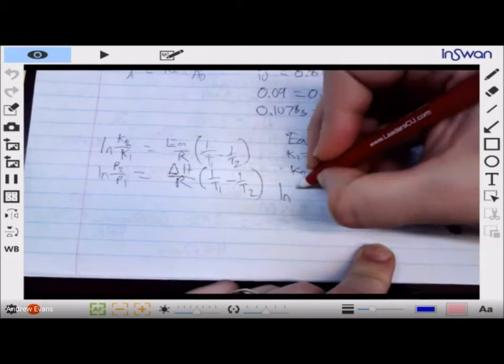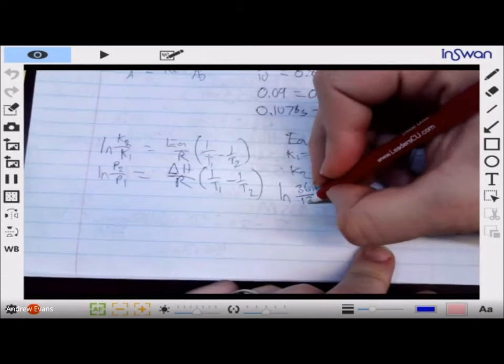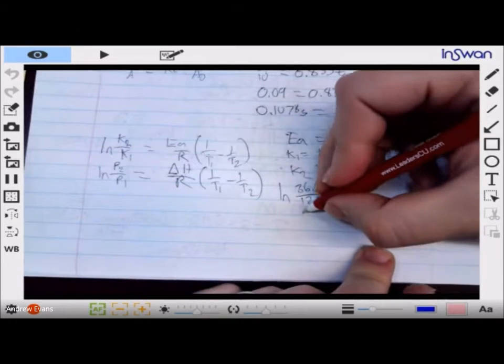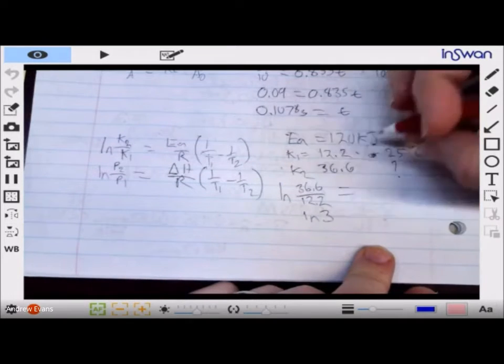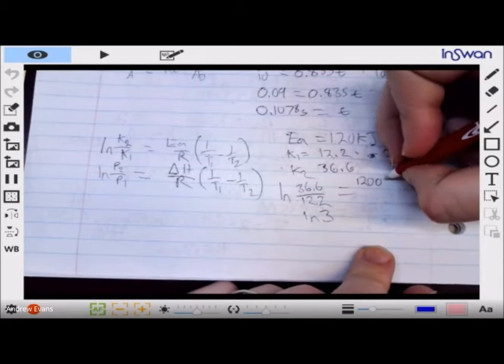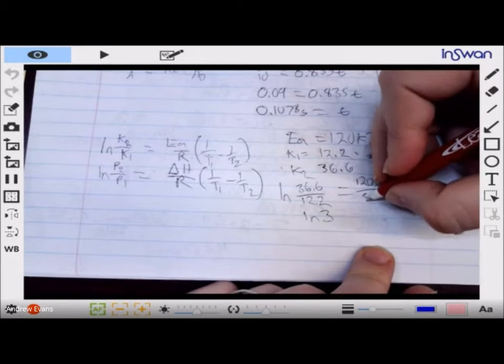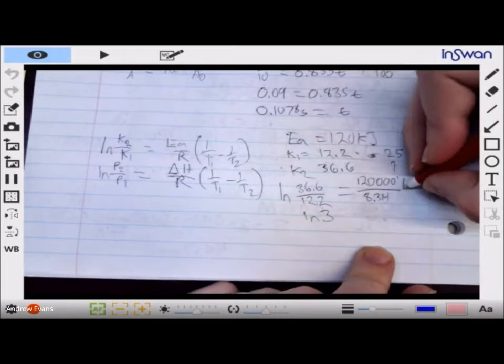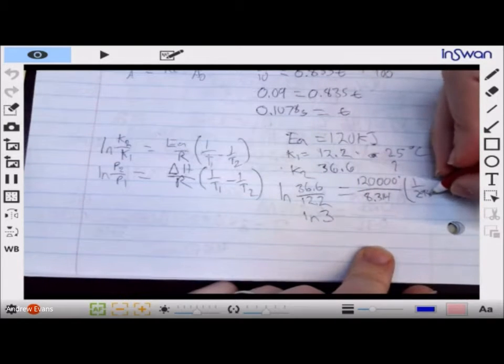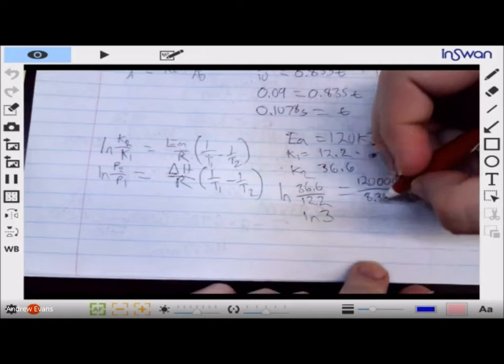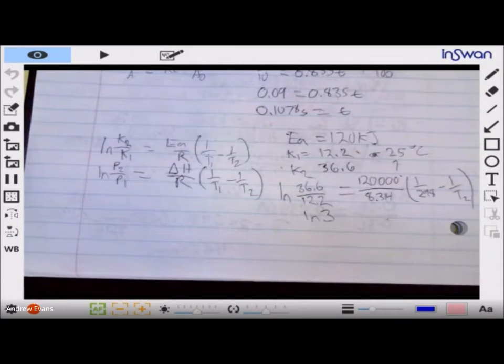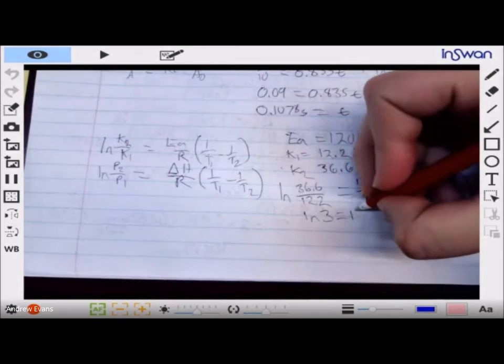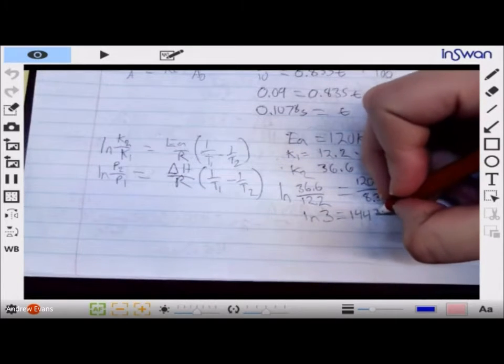So ln(36.6/12.2) is going to be ln of 3, equals, you have to watch out for the units, 120,000 over 8.314, times 1 over 298 minus 1 over T2. 120,000 divided by 8.314 is 14433.5.